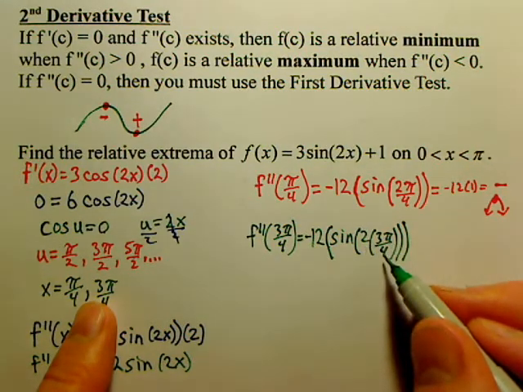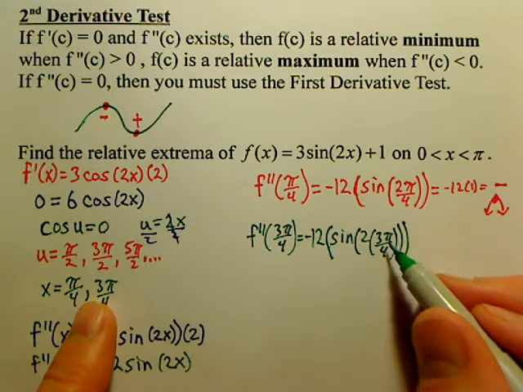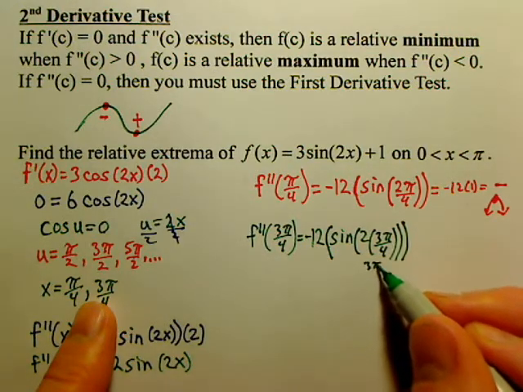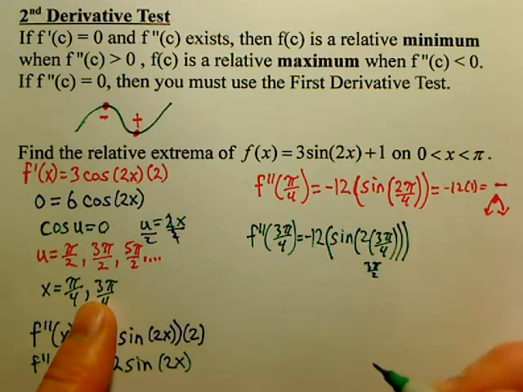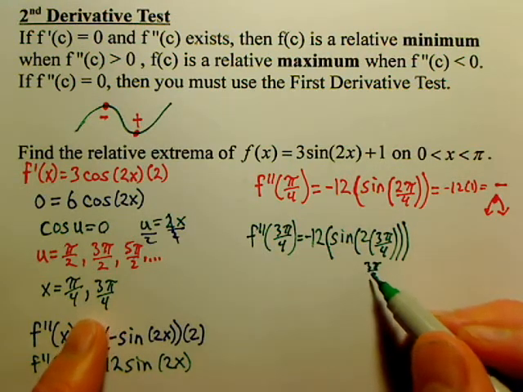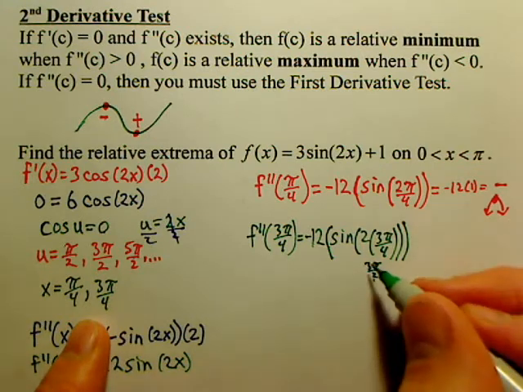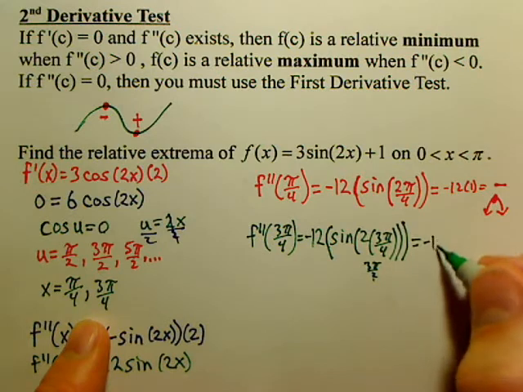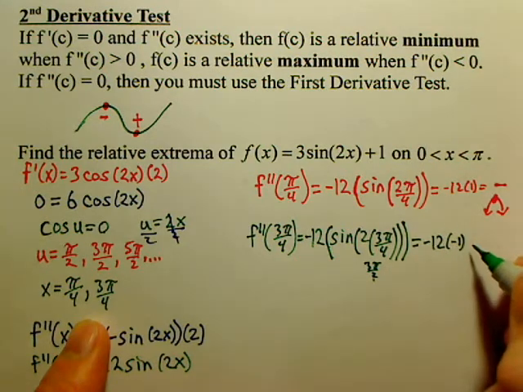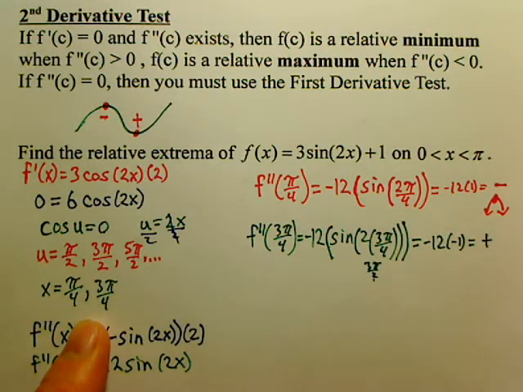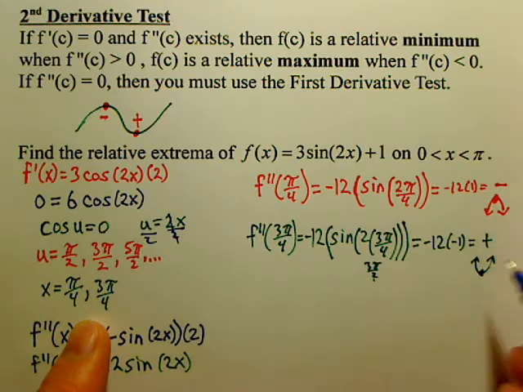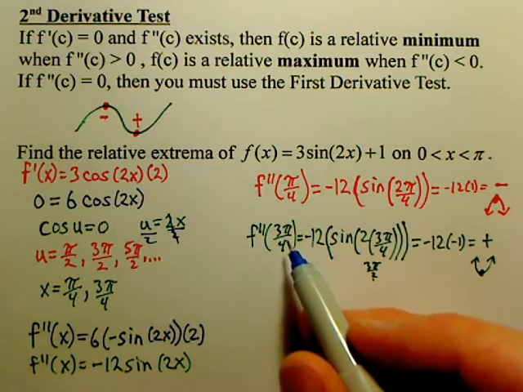Won't that become 6 pi over 4, which becomes 3 pi over 2? What's sine 3 pi over 2? It's actually negative 1. So what's negative 12 times negative 1? Isn't that positive? Which wouldn't that mean it's concave up? Which wouldn't that mean that at this value it's a relative min?